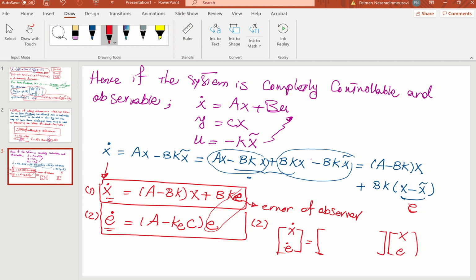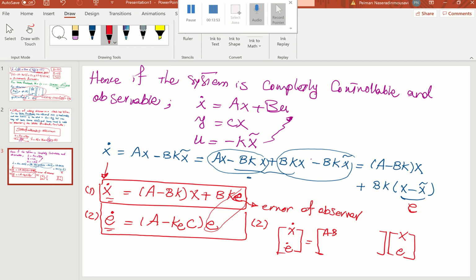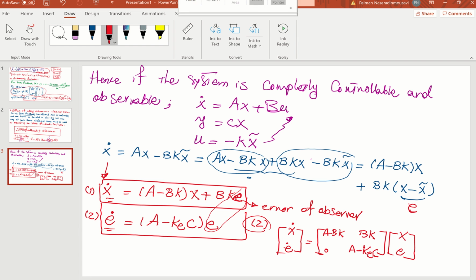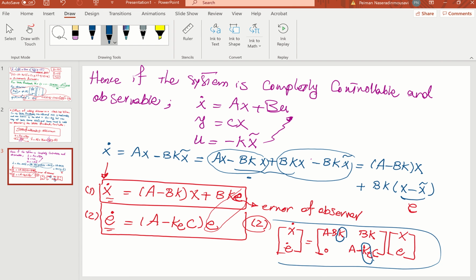Your first line is A minus BK, BK. Second line is 0, and A minus KeC, and these are the gains of the controller K and the gains of the observer Ke that you have to determine. That's right. So this is your state space, right?